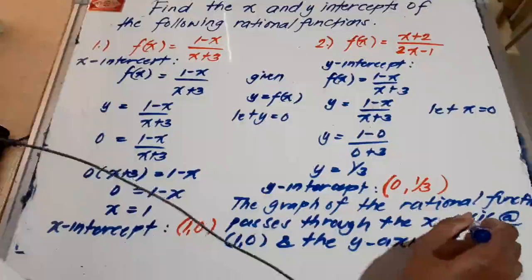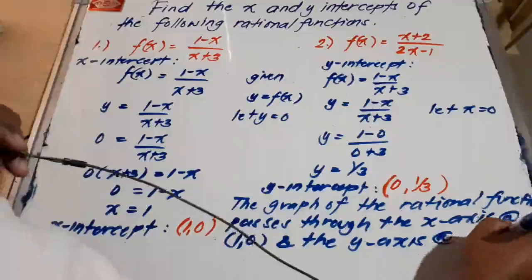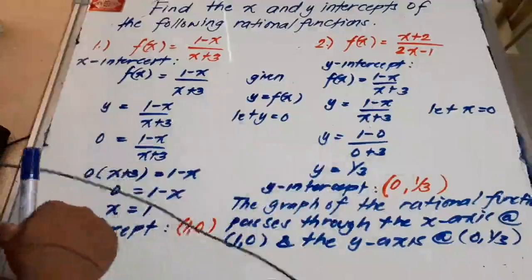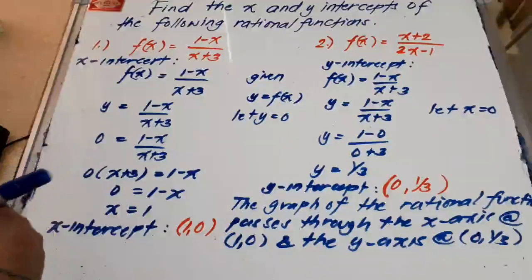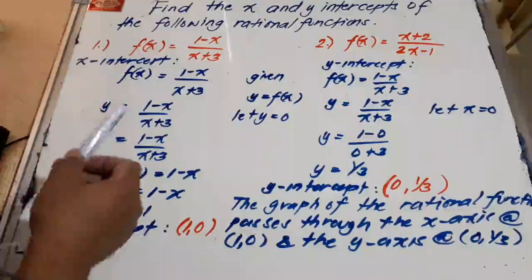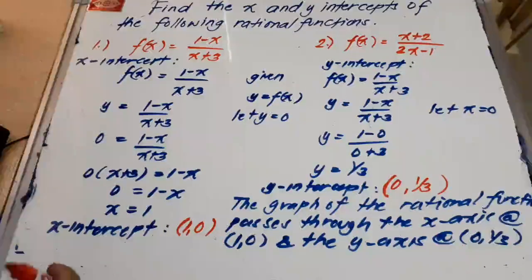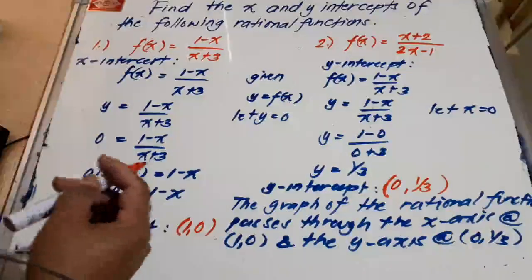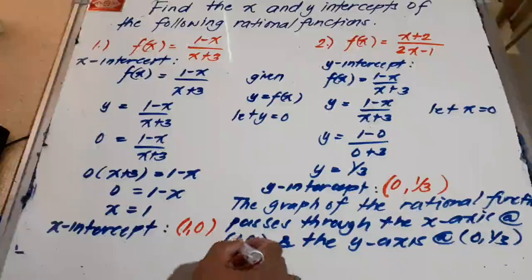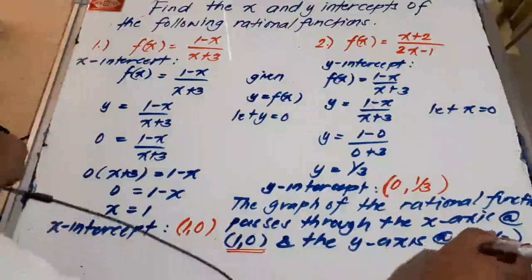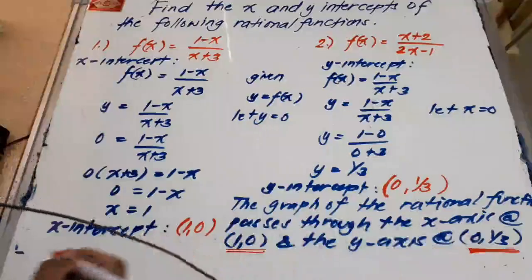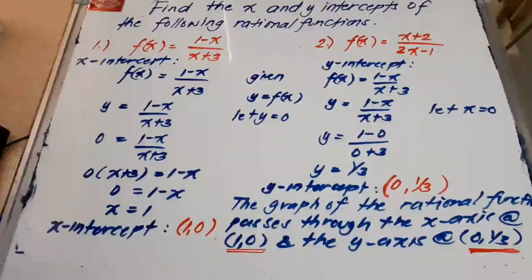Saan? Sa (0, 1/3). So, ang ibig sabihin po noon, ulitin ko, the rational function will pass through the x and y axis at the points (1, 0) and (0, 1/3). Okay? So, that is how you determine the x and y intercepts of a rational function.